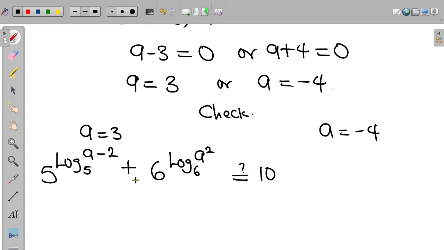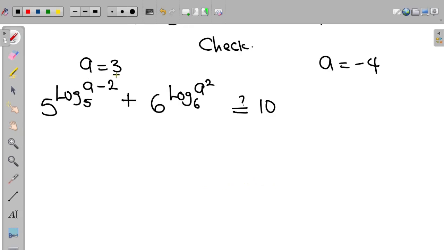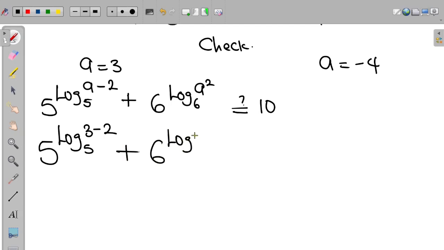So we want to check if the expression at the left-hand side is equal to 10. At this point, a is equal to 3. So we have that 5 to the power of log (3 minus 2) in base 5 plus 6 to the power of log 3 squared in base 6 equal to 10.